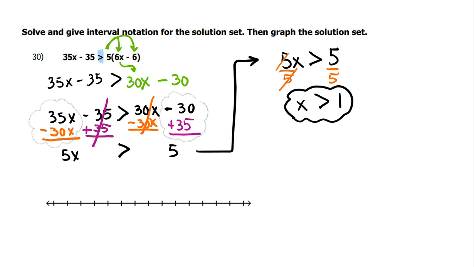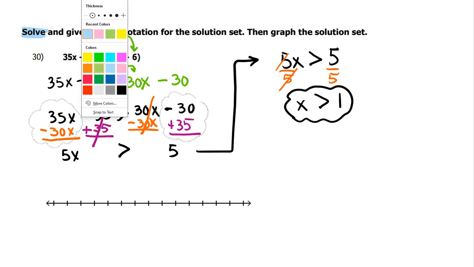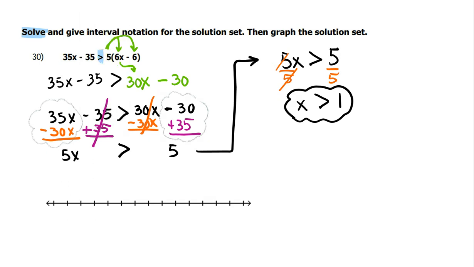So I did the solving part right here. And then it's going to say, pink, I think I did last time, give the answer in interval notation. So because x is greater than 1, actually I like to graph these first. It just makes more sense to me. I think I'll just use the orange pen for that.